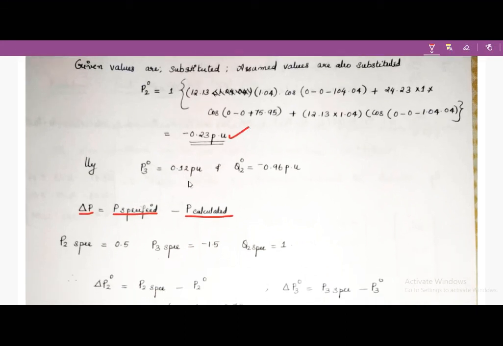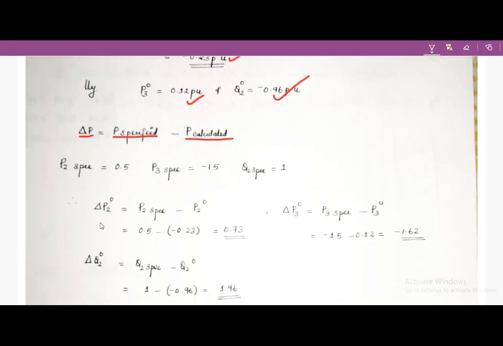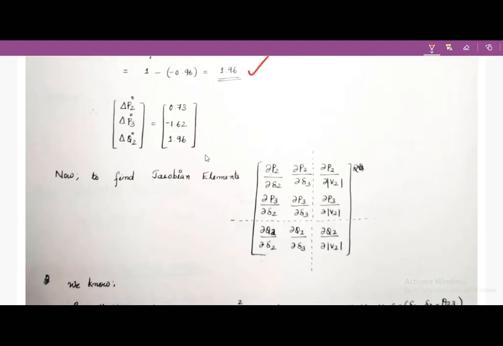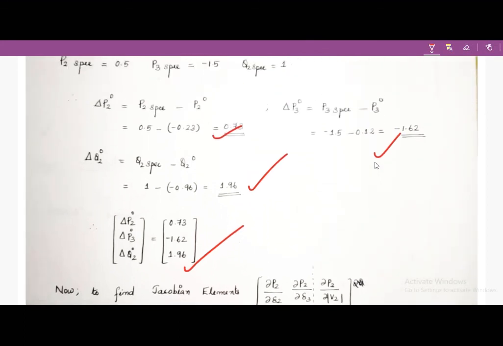This is one calculated value, this is one calculated value, this is one calculated value, isn't it? So I can now write delta P2 is equal to P2 specified minus P2 calculated. So you got something. Similarly, delta P3 is equal to P3 specified minus P3 calculated. Similarly for delta Q, we can calculate. So you got this delta P matrix. Which matrix is that in our main equation?